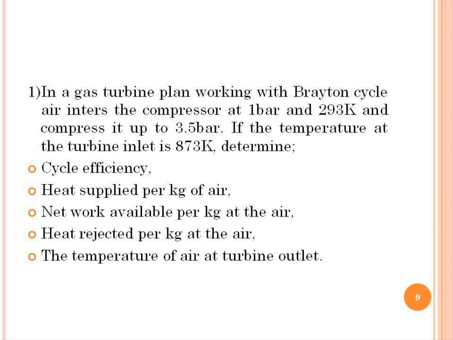Based on the previous theory we discussed, we have to solve the numerical. A very important thing you can see here is that the mass of air is given as 1 kg, and we have to assume that mass of air equals mass of gas. Now we solve this simple problem.